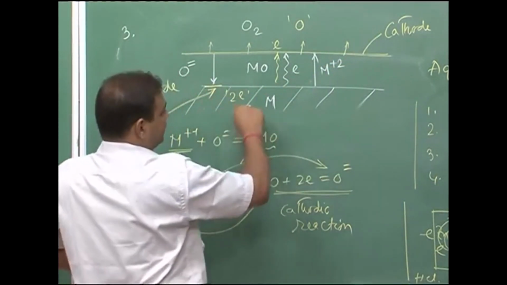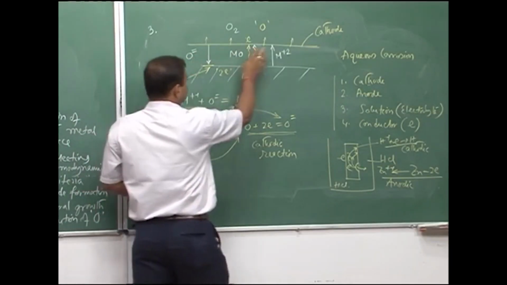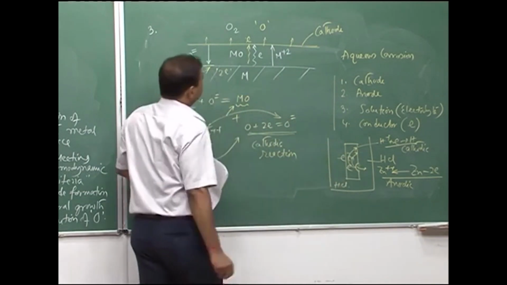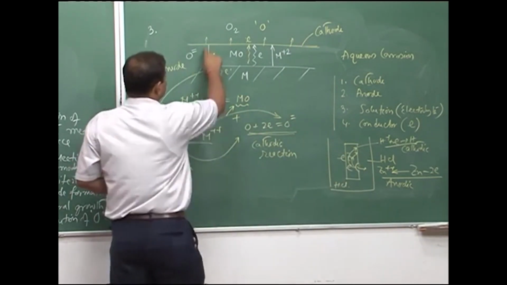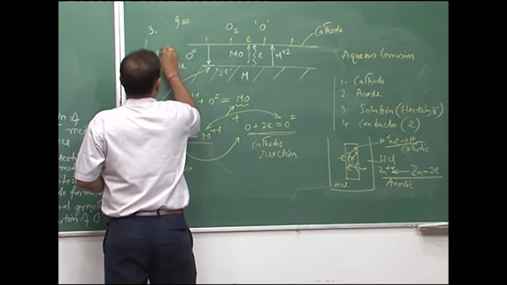So, if you compare this process and this process, we have one anode and one cathode. Here also this is my anode, this is my cathode. So, two electrodes are done. This is my gas, this is my metal oxide.